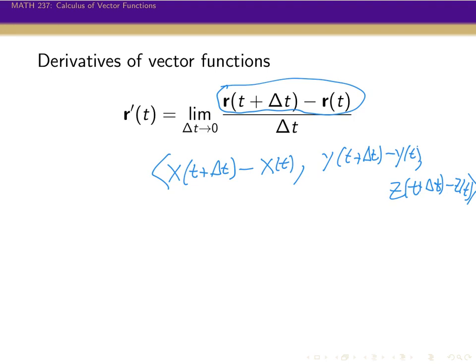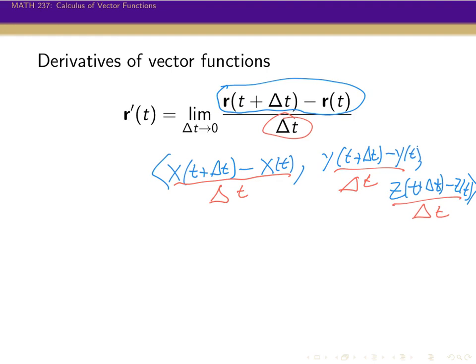And so that's just vector subtraction, and so that's being done component-wise. And then the delta t that we're dividing by, well, really this is just scalar multiplication by 1 over delta t. And scalar multiplication goes component-wise too. And so we get divide by delta t in each of those.